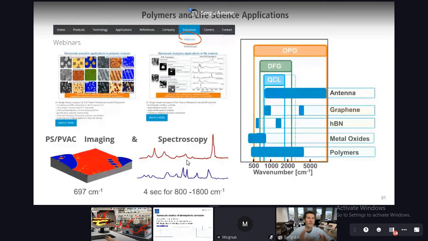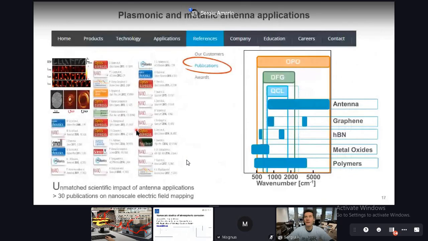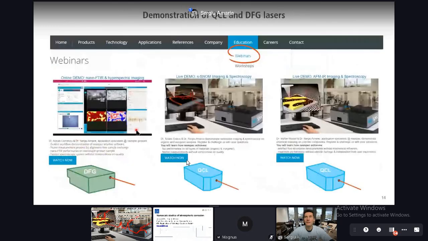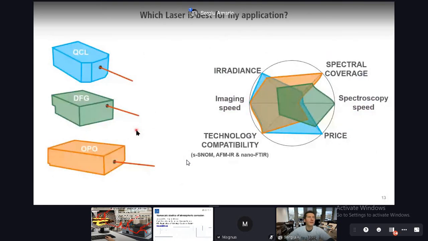So the way we should proceed here in order to answer that question clearly is the following. Let me go to the proper slide. So when you choose a light source for a new microscope, you contact us, and what we do is choose one or more representative samples from your research area, and we test them with several lasers.